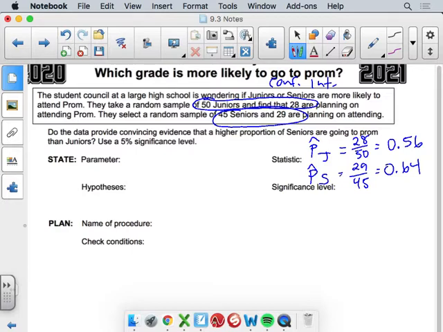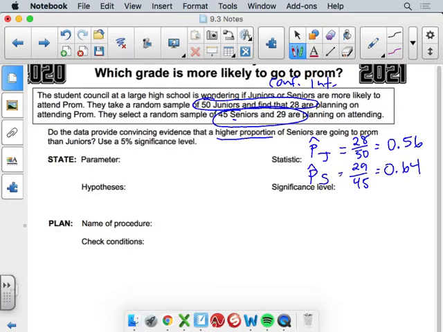All right. So does this provide us convincing evidence that a higher proportion of seniors are going to prom than juniors? It looks like seniors from our sample are more likely. Does this provide convincing evidence? Based upon this sample size, is this enough evidence to say for sure if seniors are more likely?